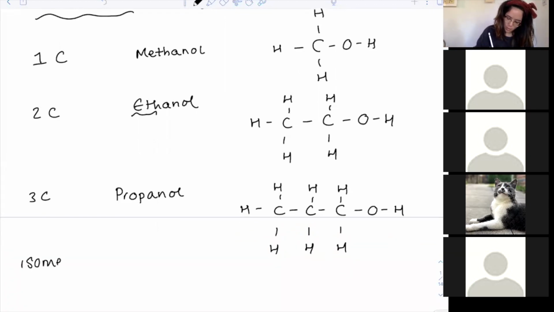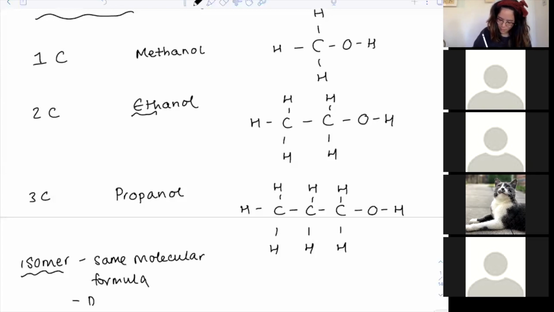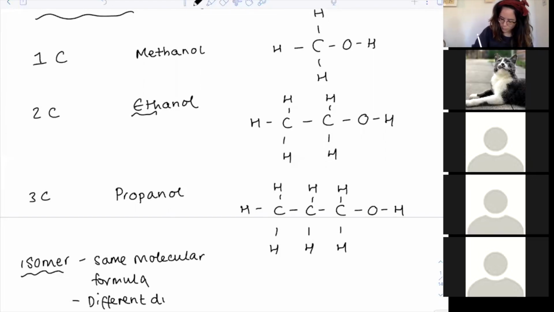So one thing to be aware of here is the term isomer, which again I mentioned last week. Now isomers are molecules with the same molecular formula but different displayed formulae. So why have I chosen to mention that at this point?